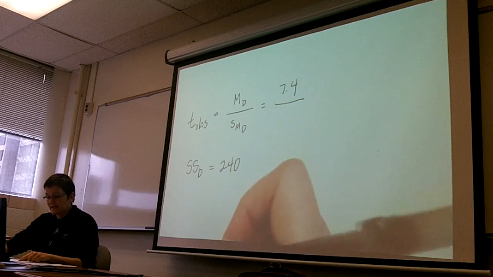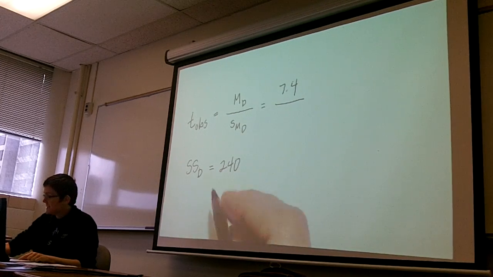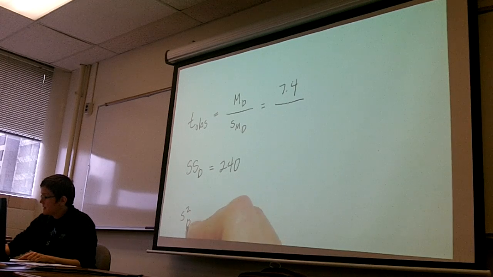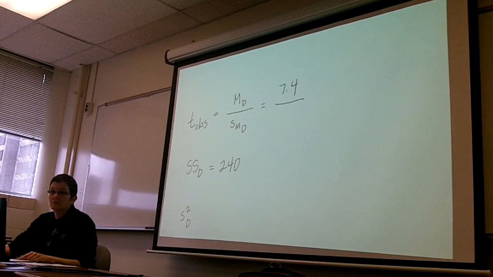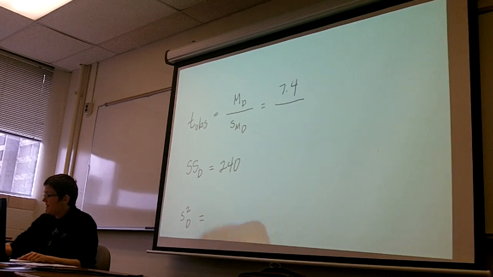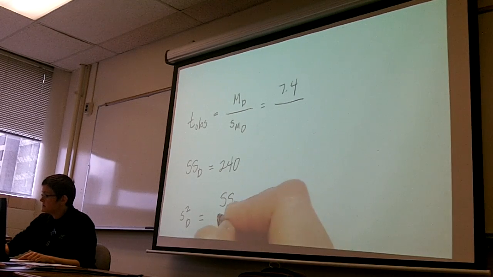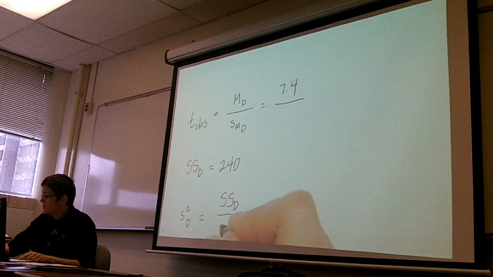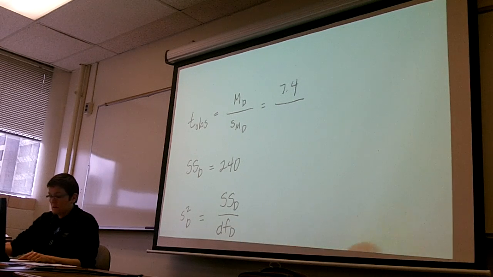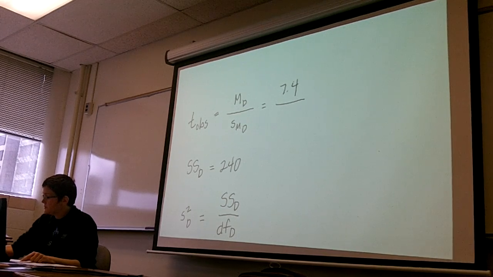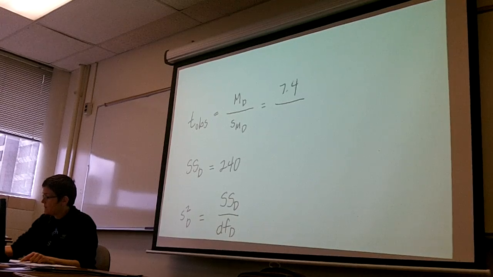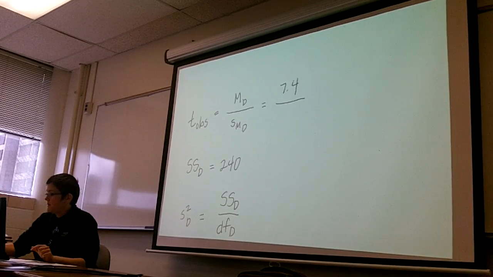Because first you're going to need to get the sample variance of the difference scores, and then that will take you to the estimated standard error of the difference scores. Okay? So the sample variance of the difference scores is the sum of squares for the difference over degrees of freedom of the difference, and then the estimated standard error of the difference scores is the square root of that over that, right?